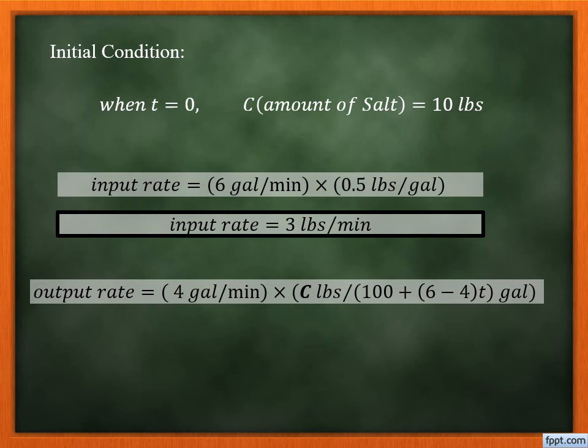Because, as you can see, the flow rate of the input and the output rate are not equal. So for every 6 gallons per minute coming in, only 4 gallons per minute is going out. That means there is some left inside the container that adds to the volume of fluid inside that container.